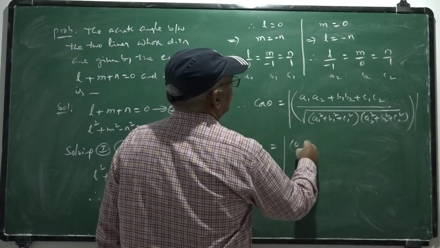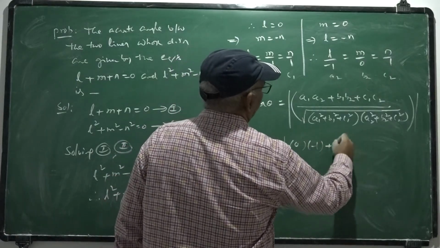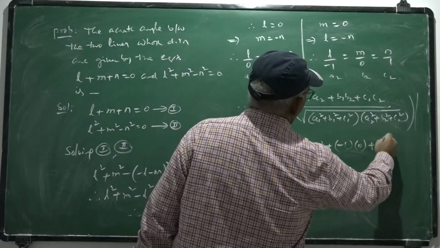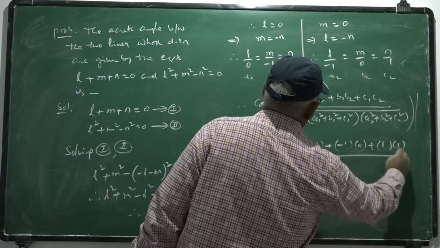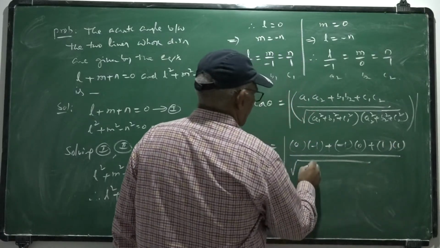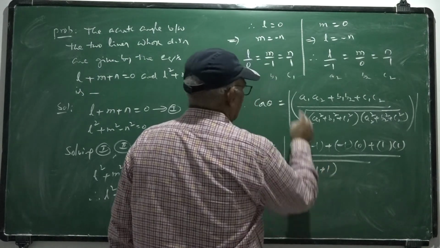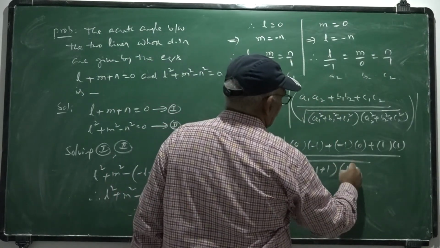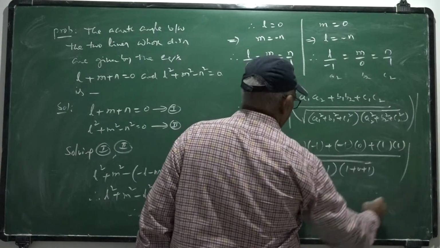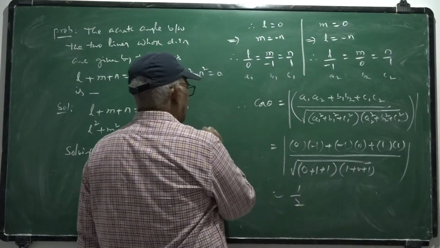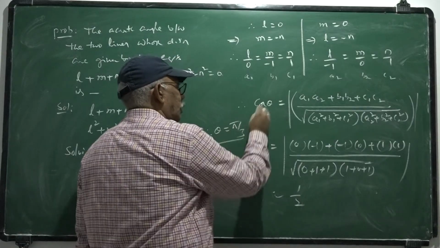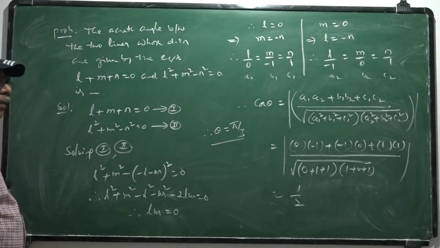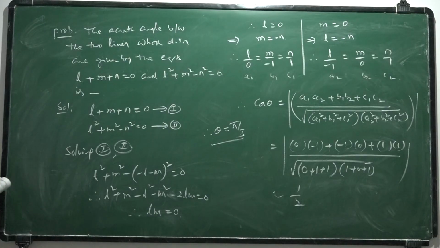Hence a1 a2 is 0 into minus 1, b1 b2 is 1 into 0, c1 c2 is 1 into 1, by square root of (0 plus 1 plus 1) from this set, and (1 plus 0 plus 1), ultimately 1 by 2. So cos theta is 1 by 2, which implies theta is pi by 3. The angle between the lines whose direction ratios are satisfied by the relations is pi by 3.